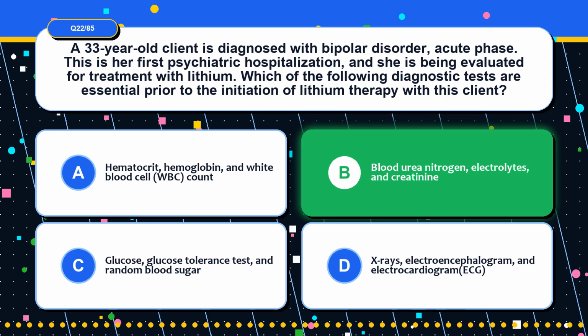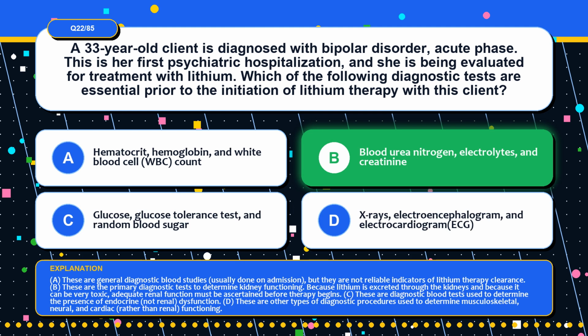The correct answer is option B, blood urea nitrogen, electrolytes, and creatinine. These are the primary diagnostic tests to determine kidney functioning.